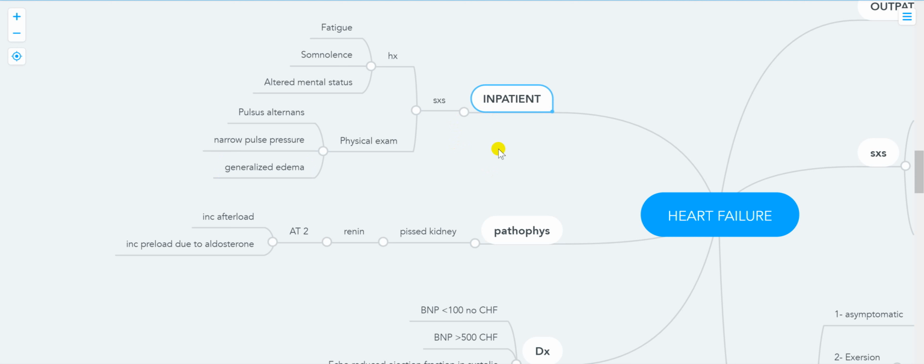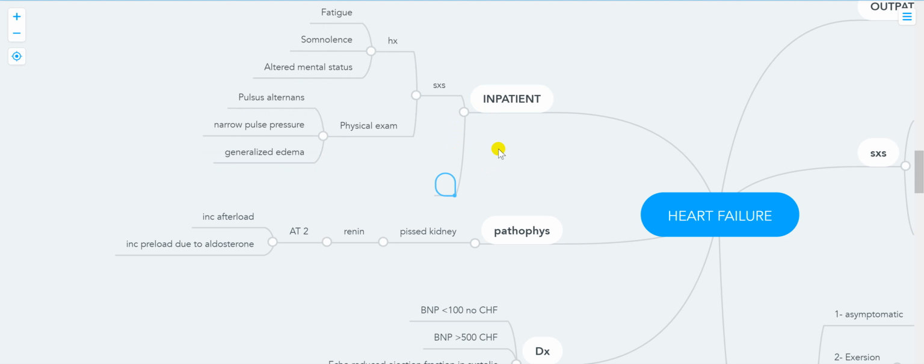And generally, 70% of heart failure is what we call wet, which means a lot of preload, and warm, which means a lot of systemic vascular resistance.